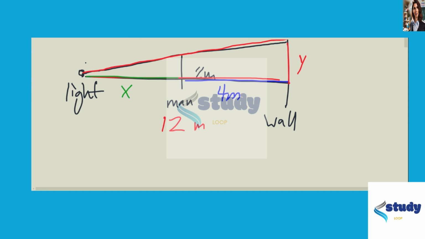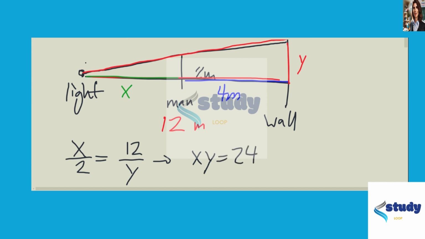And the angle at the light is the same. So by similar triangles, it follows that x over 2 is equal to 12 over y. In other words, we have x times y equals 24.